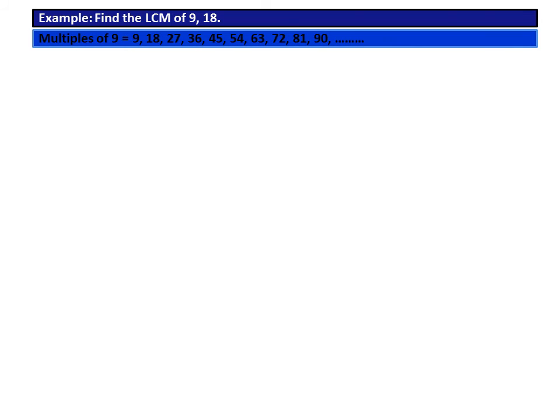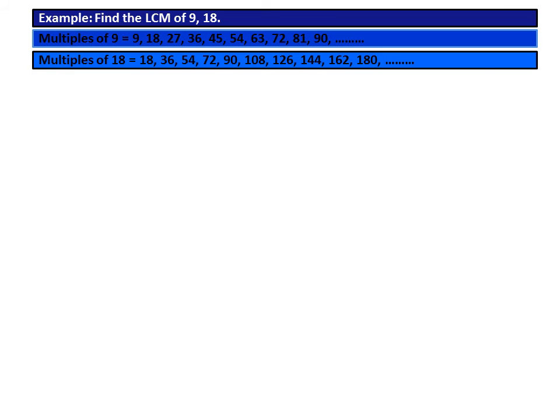Now let us solve one more example. Find the LCM of 9 and 18. Everyone knows the table of 9 and 18. So multiples of 9 are 9, 18, 27, 36, 45, 54, 63, 72, 81, 90 and so on.